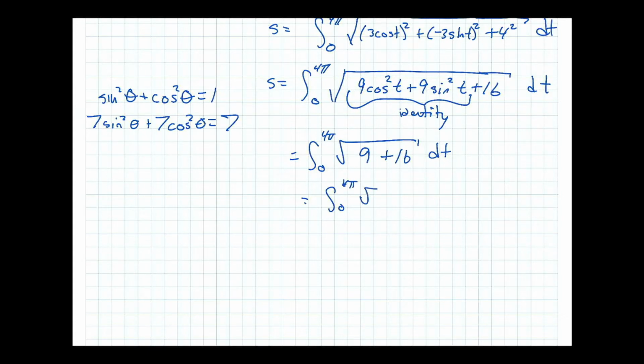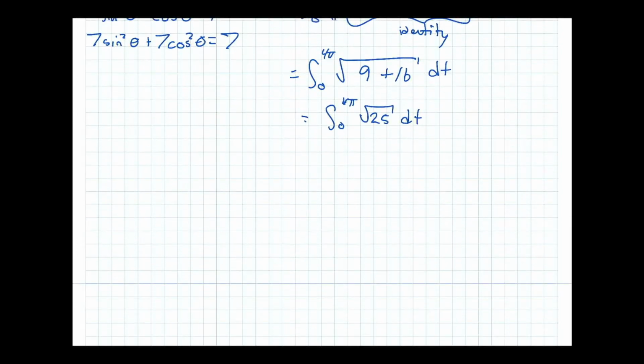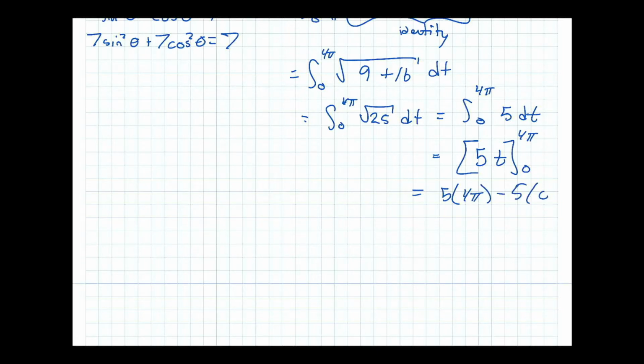Because you just add those together, you just have square root 25 dt, which of course is the integral from 0 to 4 pi of simply 5 dt, which is, of course, the antiderivative of 5 is 5t from 0 to 4 pi, and you plug in your limits, so you have 5 times 4 pi minus 5 times 0, and you get 20 pi for the length of the curve.